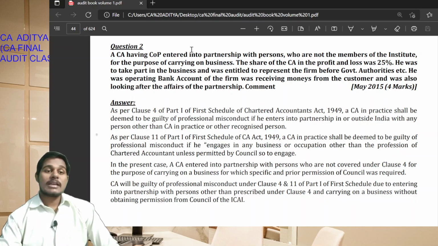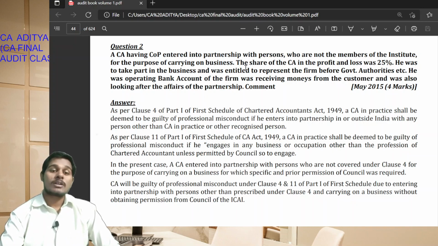Since a CA in practice, that is, holding a certificate of practice, entered into a partnership firm with persons who are not members of the institute, who do not have a prescribed qualification as per the central council and central government, and who are not members of a prescribed professional body, he will be guilty of professional misconduct.